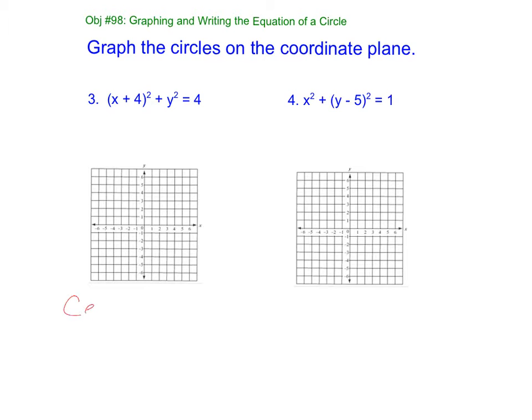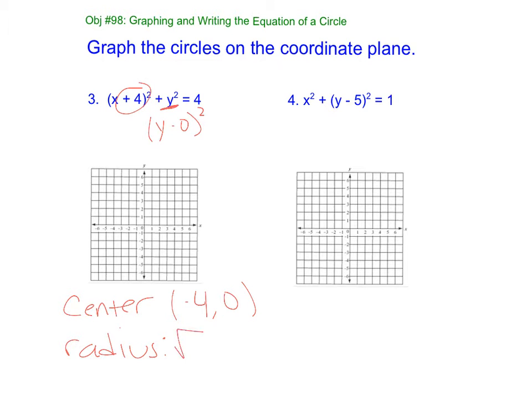All right, so I have my center, and I have my radius. I don't have the same radius as last time. All right, so the center this time, positive 4 becomes negative 4. There's no parentheses with the y, so it's 0, right? Imagine that's like y minus 0 squared. Y minus 0 is just y.